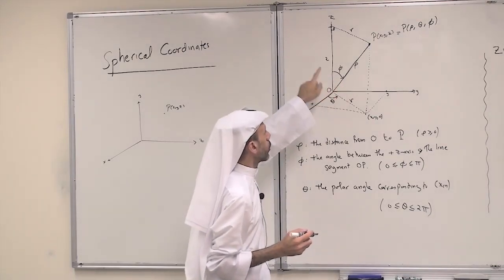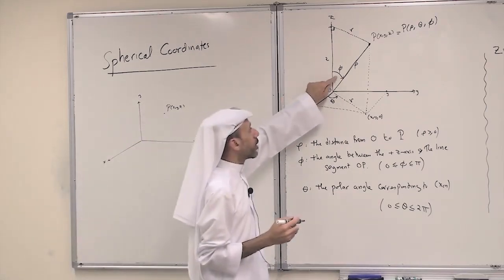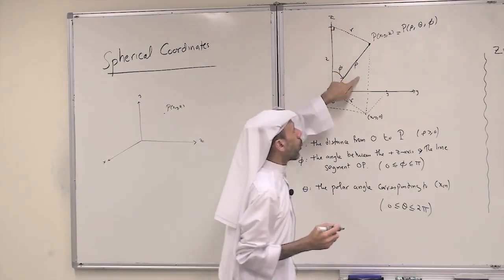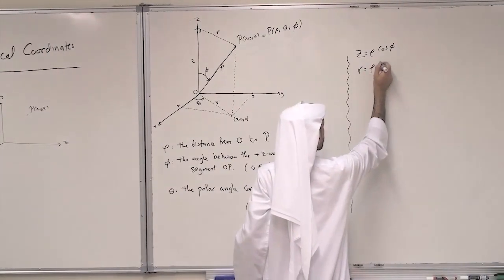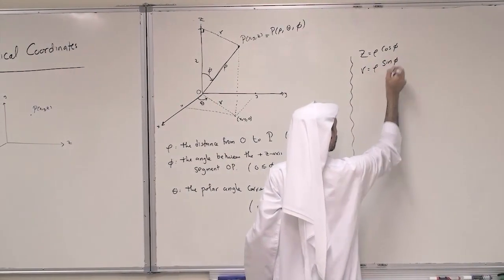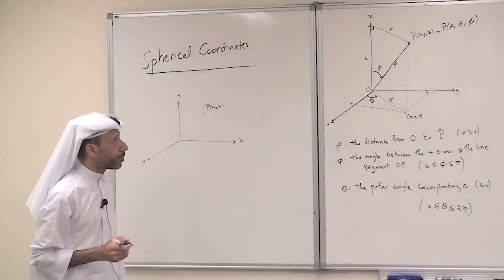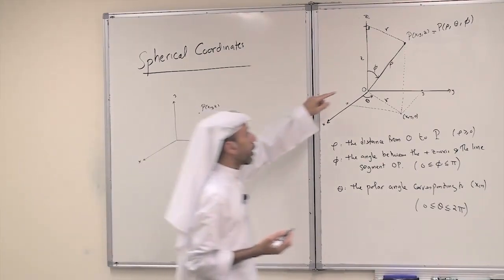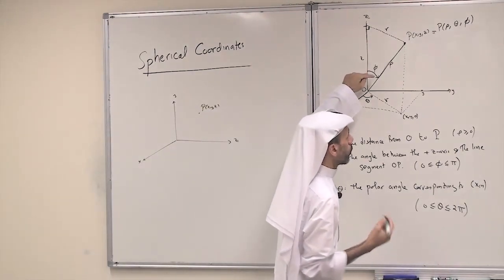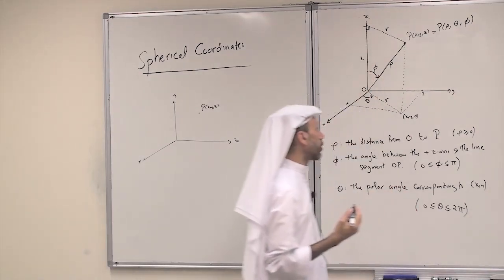This implies that z equals rho cosine phi. And sine phi equals r over rho, so r equals rho sine phi. So these are the first two relations: z equals rho cosine phi and r equals rho sine phi.